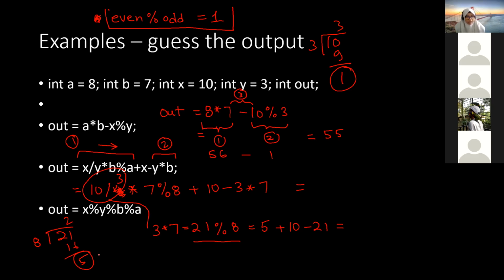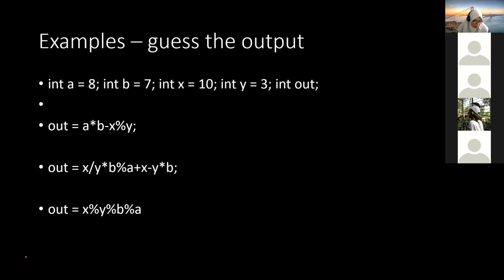All right. Now last evaluation: X modulus Y modulus B modulus A. I also don't remember this one. So X modulus Y is 10 modulus 3, modulus B which is 7, modulus A which is 8.